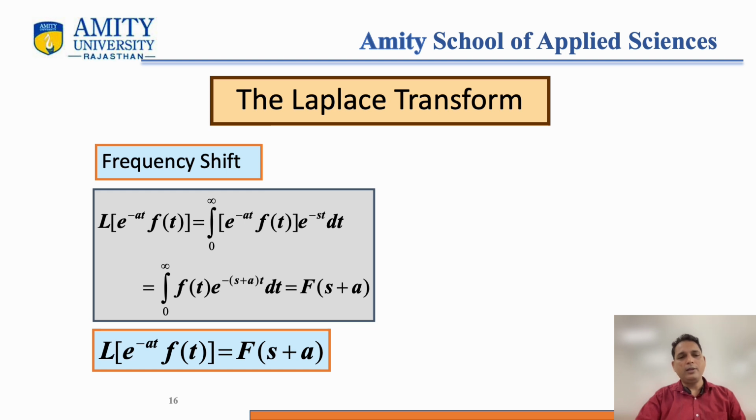Then if that f(t) is multiplied by some exponential function e^(-at), there is nothing to worry about. Whatever answer we have for f(t), we simply have a frequency shift, where you just put s plus a. So you can easily find the solution of many questions.